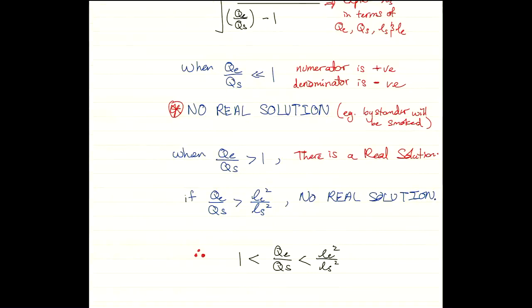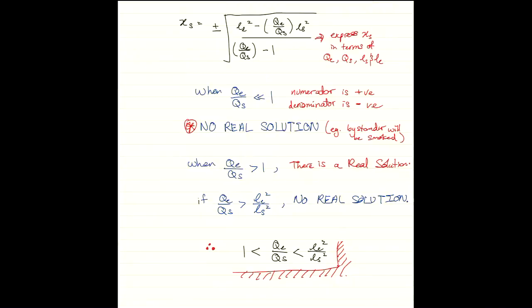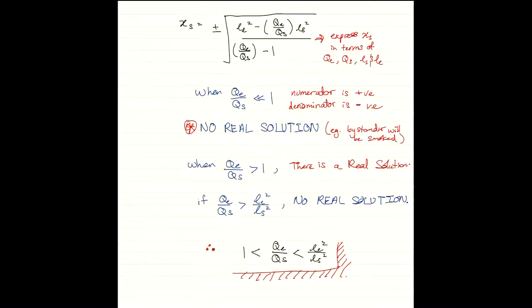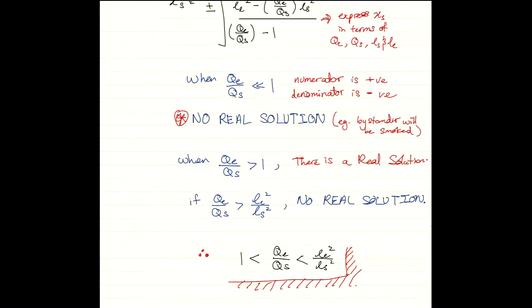Where QE over QS ranges from greater than 1 to less than LE squared over LS squared. Okay, so you all understood this, how I got this here? Yep. Okay, good. So that's the stagnation points along the x-axis.